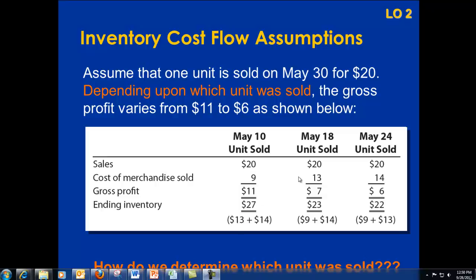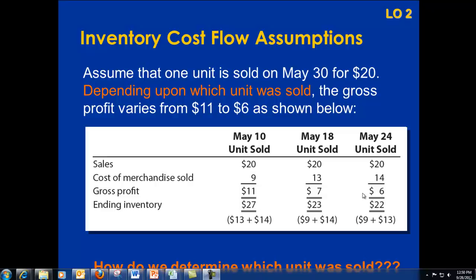Well, what if we pretend that the one that we sold was the one in the middle, the second one that we purchased, which was $13? In that case, our gross profit would be $7, and the other two items of inventory would remain in ending inventory and show up on our balance sheet. What if we assumed that the most expensive one, the last one that we purchased, was the first one that we sold?